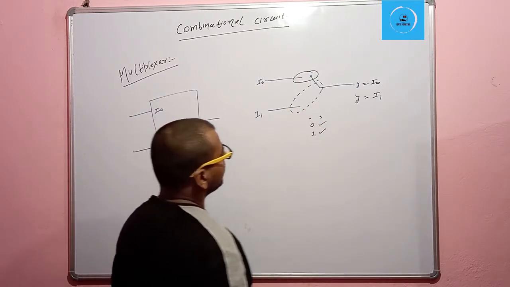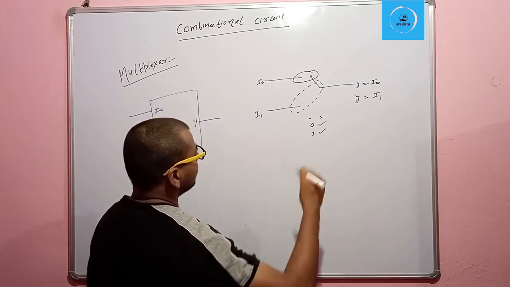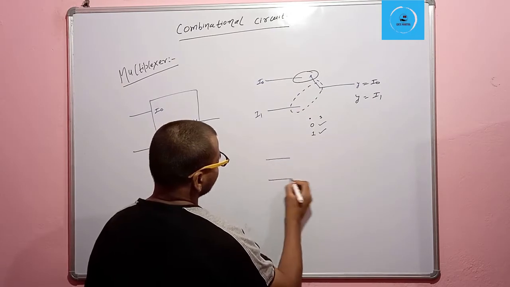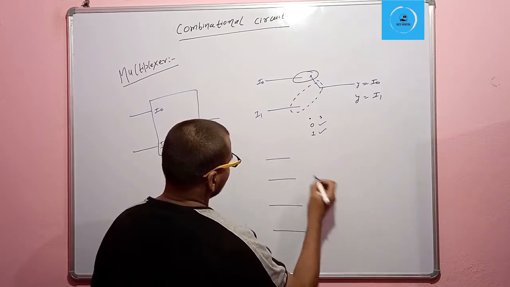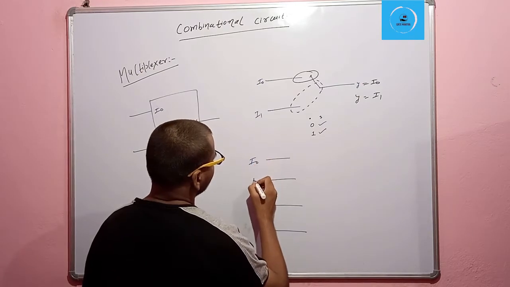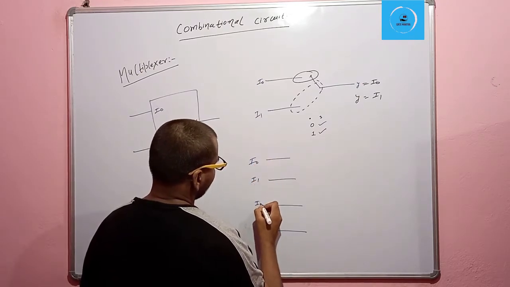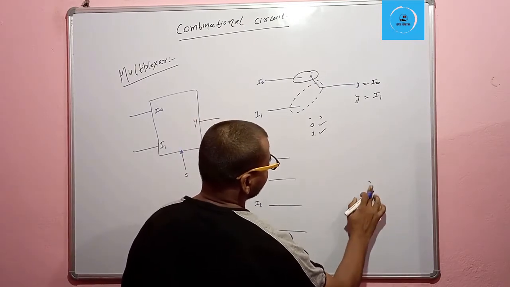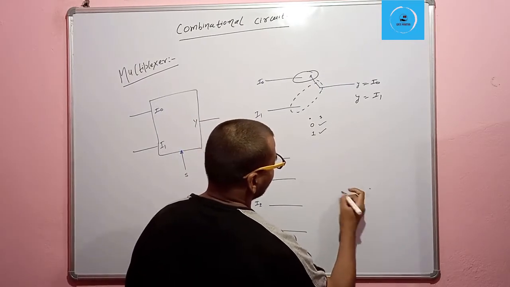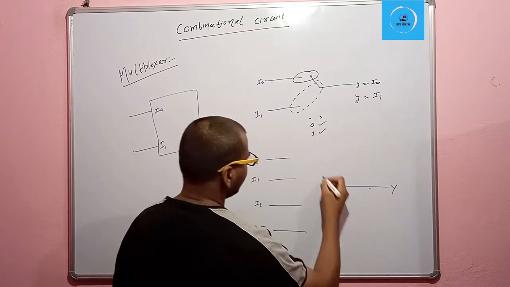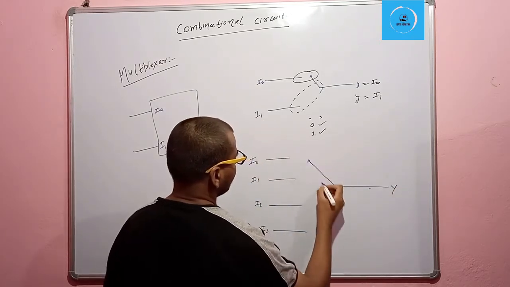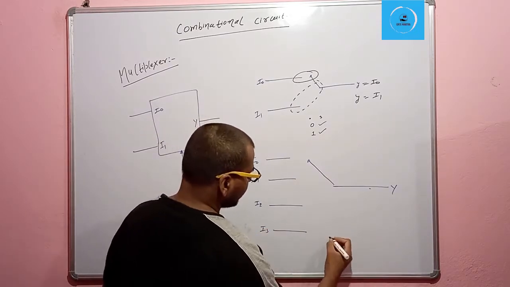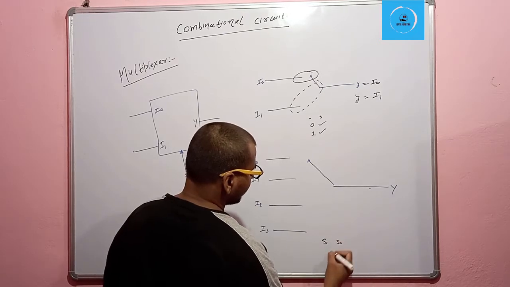Here let's see another example. Here we have I0, I1, I2 and I3, and here is our one output line, that is Y. Now see, here we are going to consider two switches, S1 and S0.